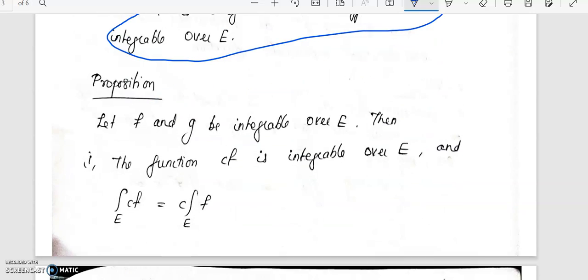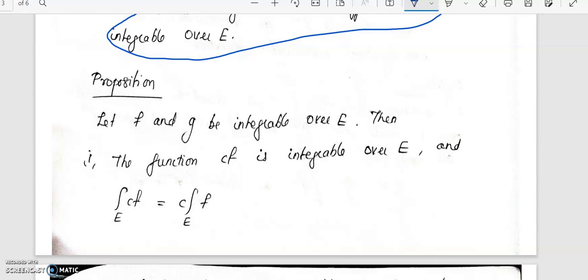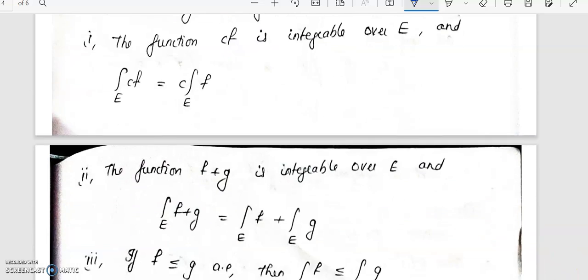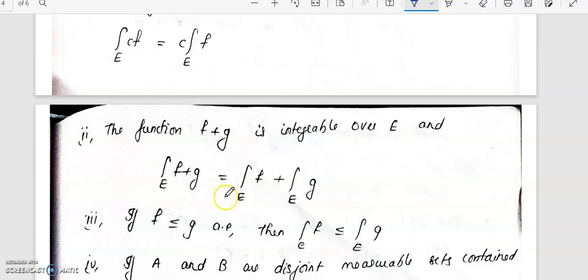Now let us look at a proposition. So these are few results on integrability. So let f and g be integrable over the set E. Then the result states that the function cf is integrable over E. So f integrable ആണെങ്കിൽ, if you take a constant multiple of f, that will be integrable, and integral over E cf will be c times integral f. അതുപോലെ f ഉം g ഉം integrable ആണെങ്കിൽ f plus g integrable ആയിരിക്കും.